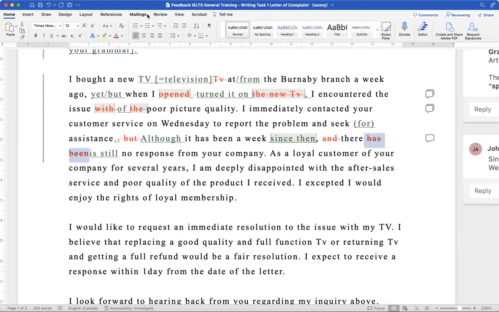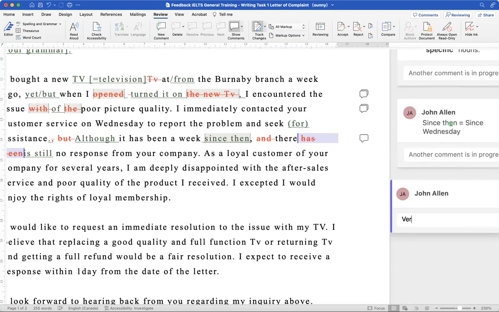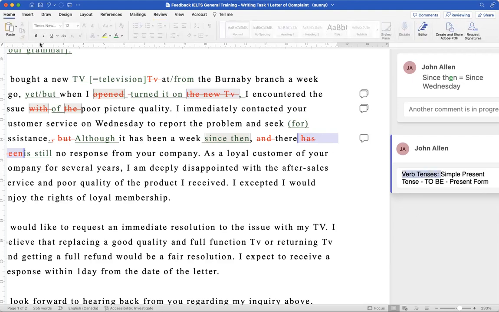Yeah, here, present is better. Verb tenses. The present form is much better in this sentence. Okay.